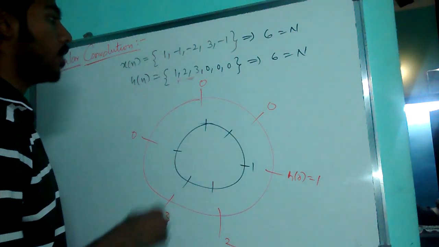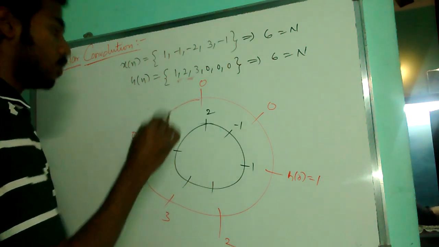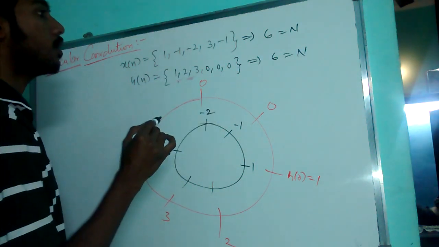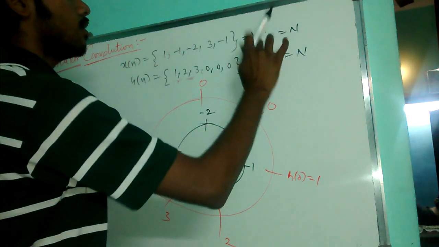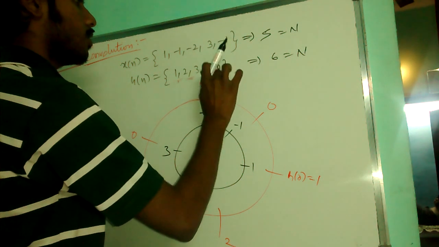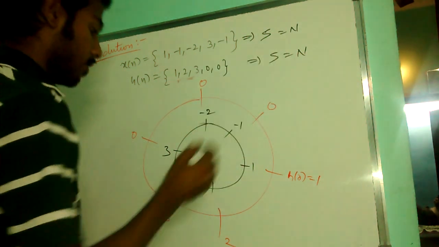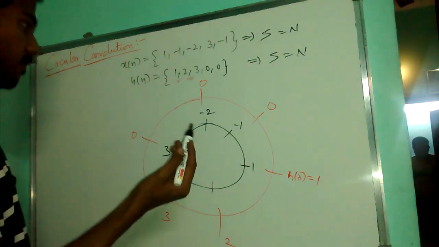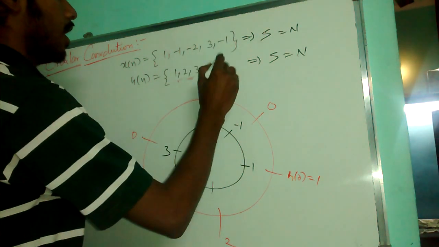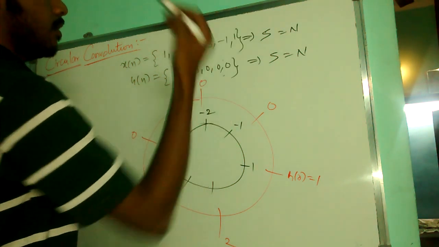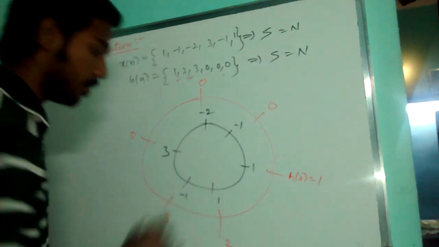So this is 1, minus 1, 2, minus 2, 3. Oh, the sequence is 5. Okay, let us consider it for 6. I'll add 1, minus 1, 1. Okay, so minus 1, 1.